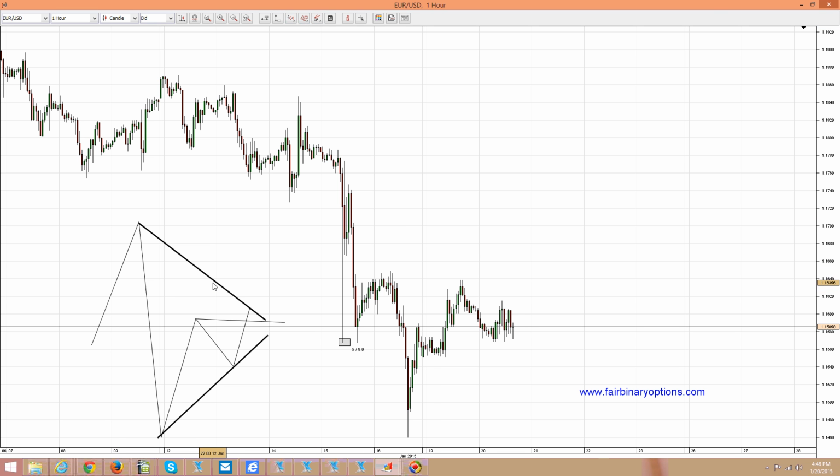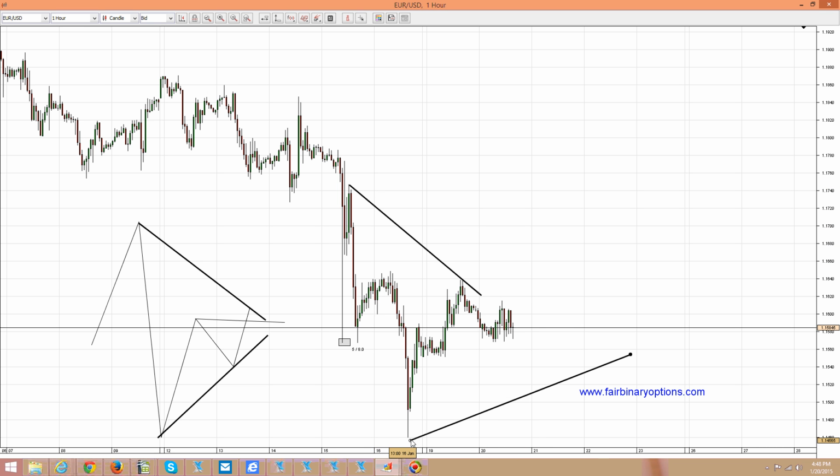In reality, this is our contracting triangle here. We have the A and C trend line, which should be this one from here to here. I'm insisting that it is this one because we are running out of time. The ECB, the European Central Bank, is due two days from now, and this triangle needs to break until that moment. So this would be the A and C, and this would be normally the B to D trend line.